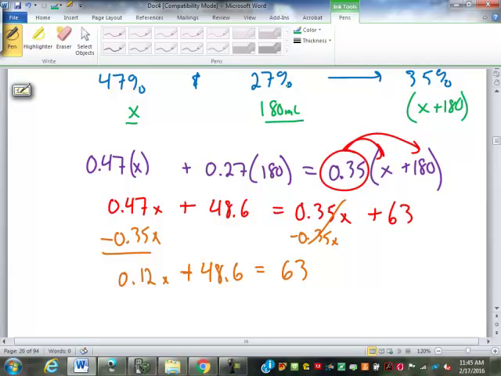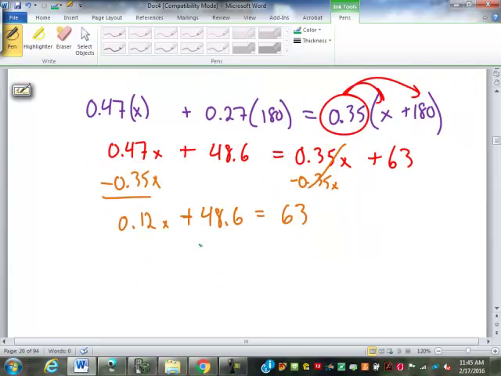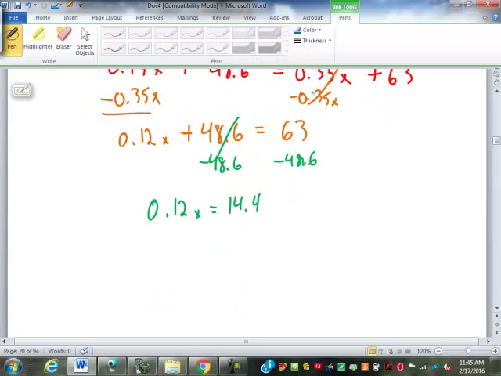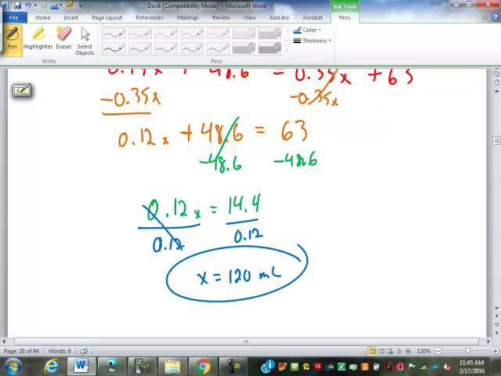And then we subtract the 48.6. 0.12X equals 14.4. And our final step is to divide by the 0.12. Which is X equals 120 milliliters.